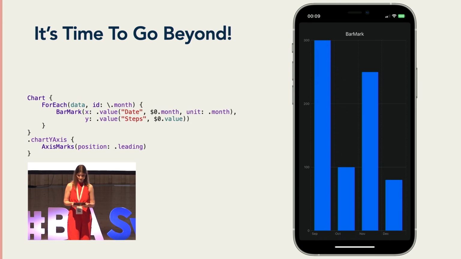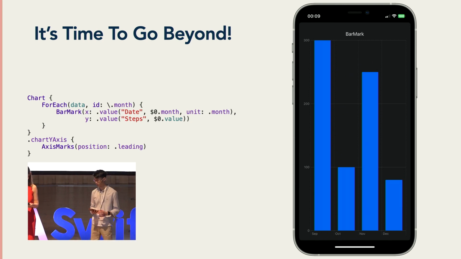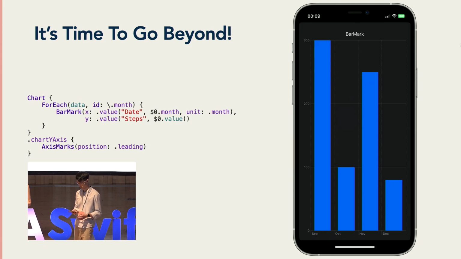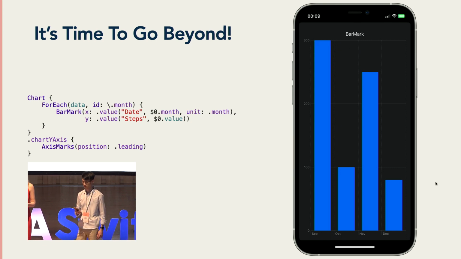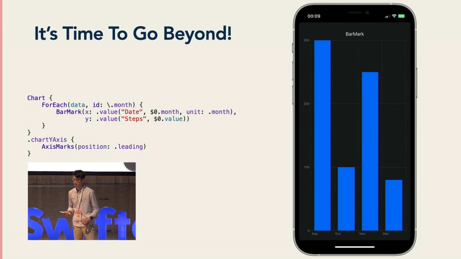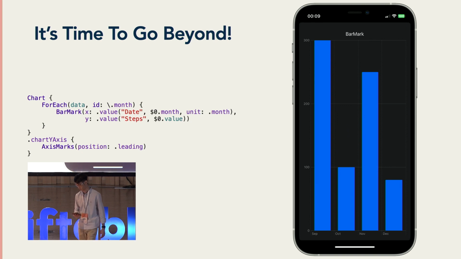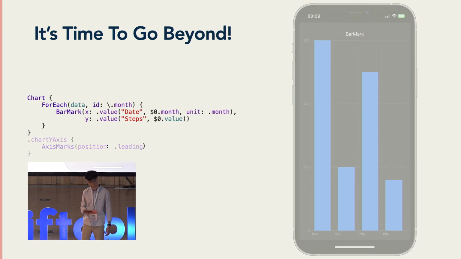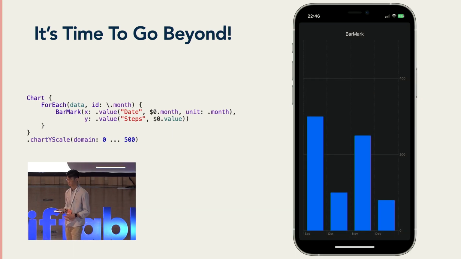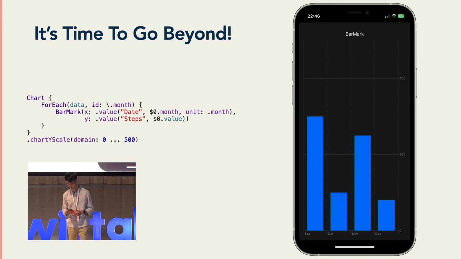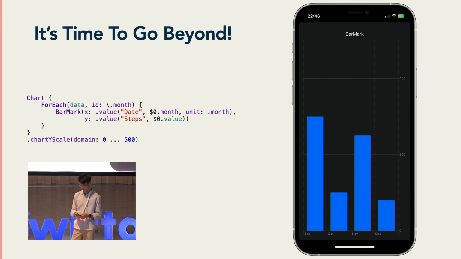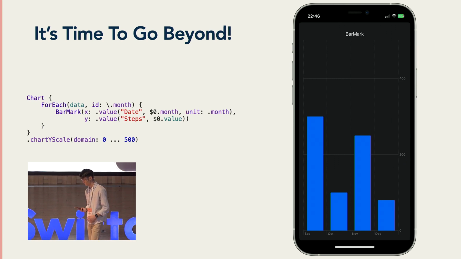In this example, the y scale is automatically inferred to be 0 to 300. But if we want it reaching 500, the solution is to use the chart y scale, passing the range in the domain parameter.